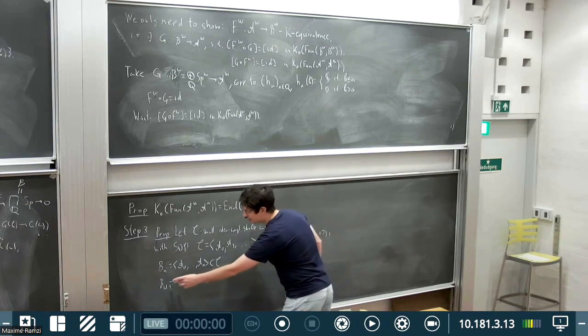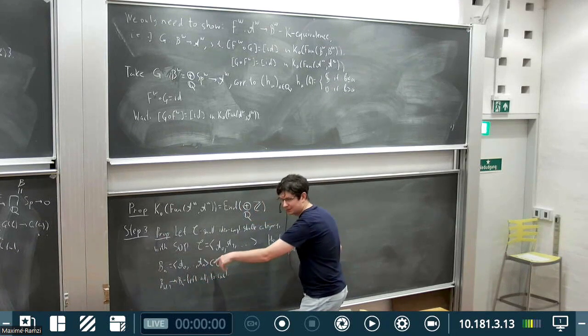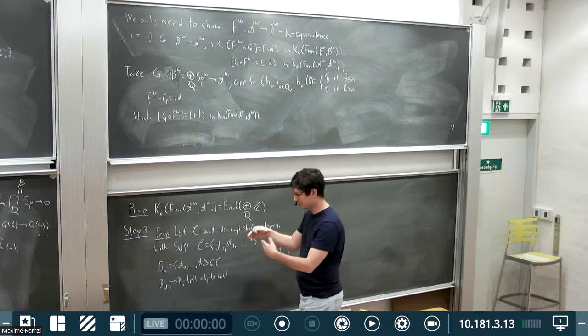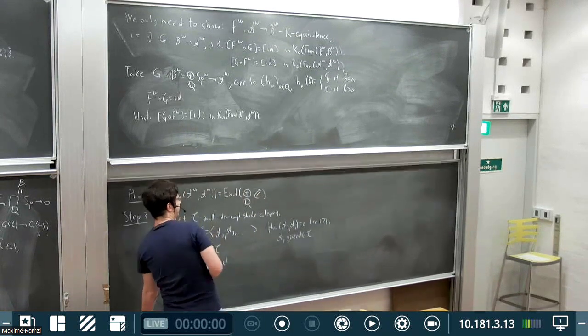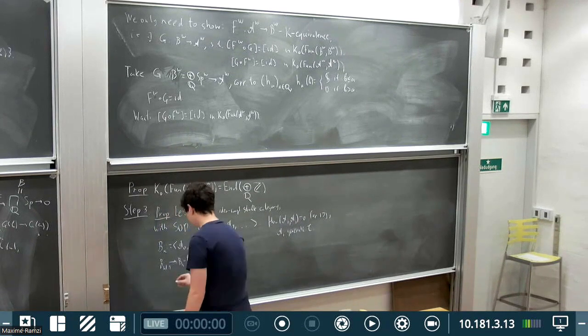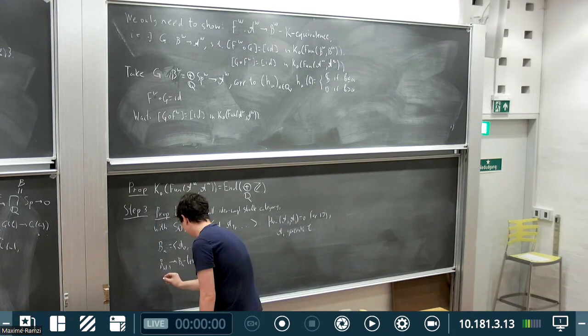So this is basically the functor which annihilates this An+1 component. It's like a semi-orthogonal projection.